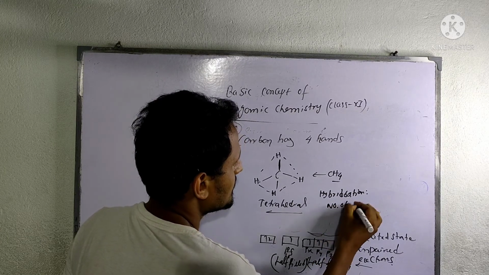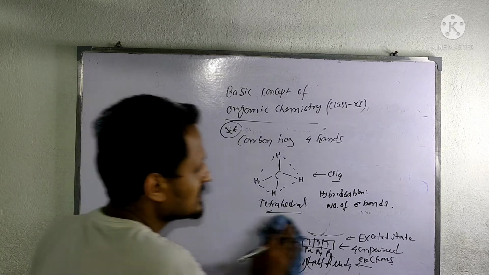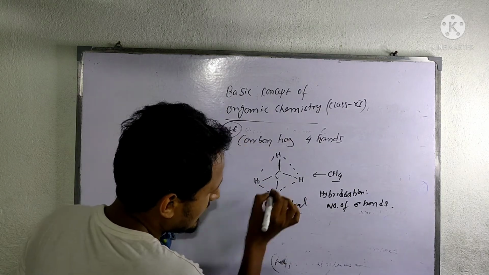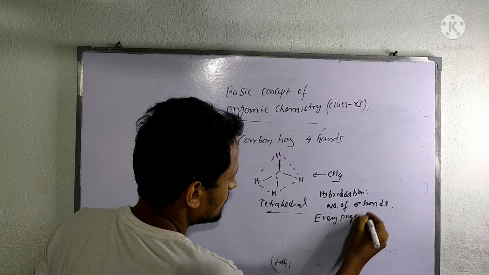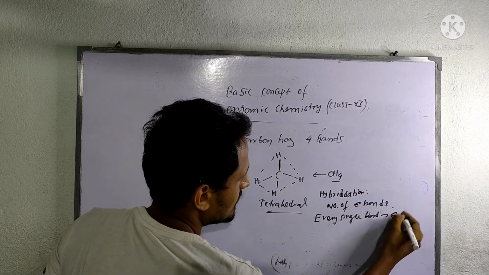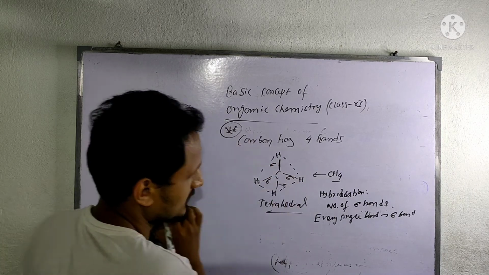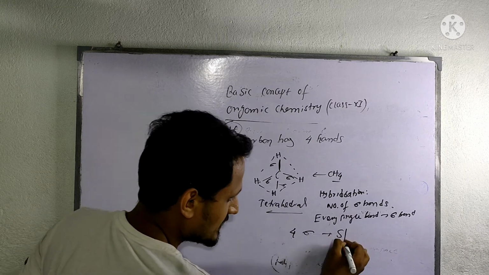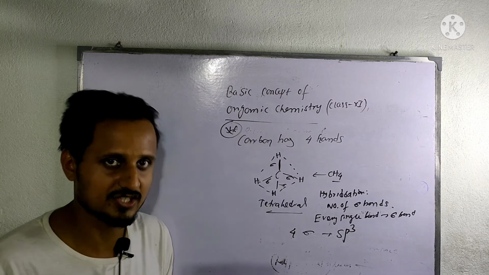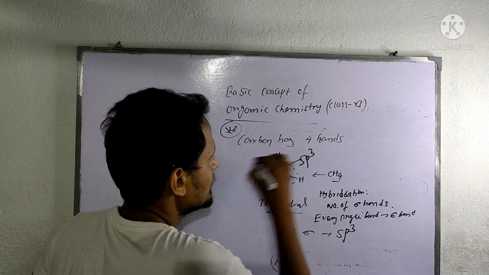Now, how many sigma bonds are here? Every single bond is a sigma bond. So here 1 sigma, 2 sigma, 3 sigma, 4 sigma. Now 4 sigma means 1 s orbital and 3 p orbitals: sp3 hybridization. So here the carbon atom is sp3 hybridized.